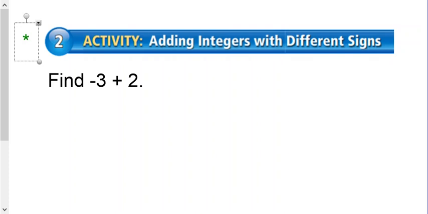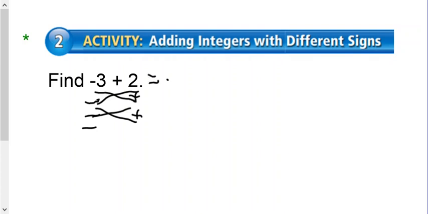So we have 3 negative soldiers and we have 2 positive soldiers here. And if they battle each other, they cancel out, and we're left with negative 1.